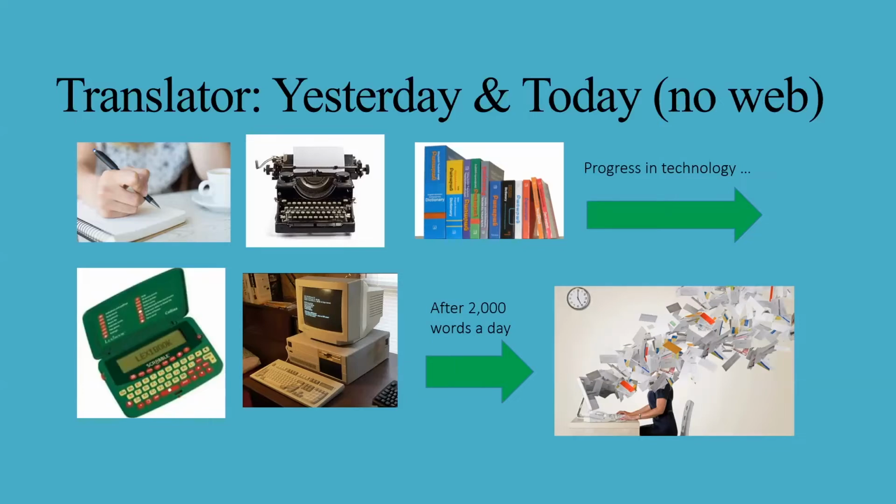The upper limit of a translator at that time could be about 2,000 words a day. And at the end of the day, the translator could be quite tired and overloaded. Okay?